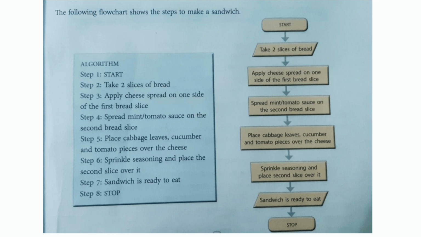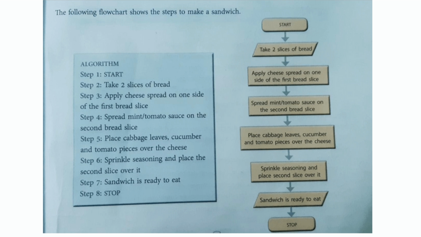Place cabbage leaves, cucumber, and tomato pieces over the cheese. Sprinkle seasonings and place the second slice over it. And the sandwich is ready to eat. The whole algorithm for preparing a sandwich is done. And now we have to end the process.